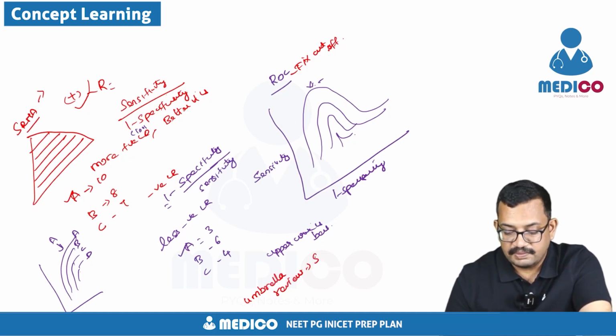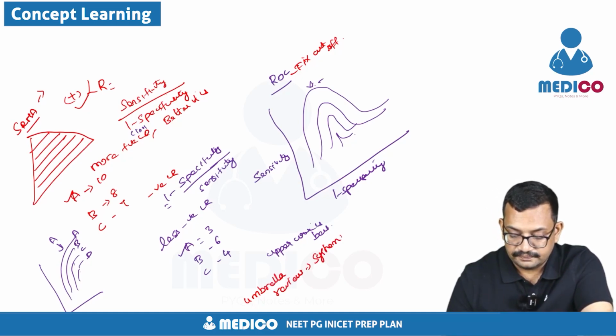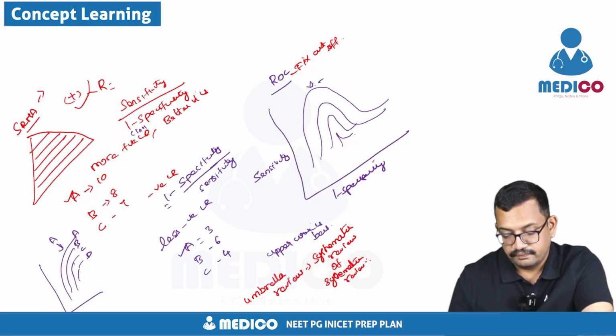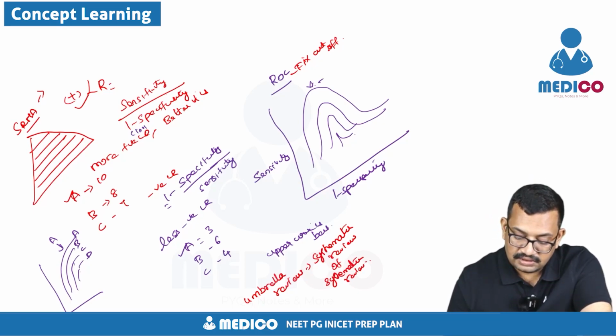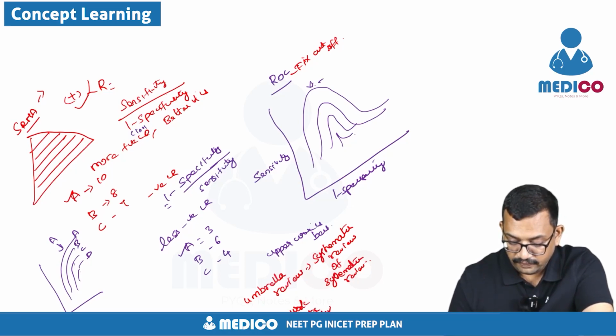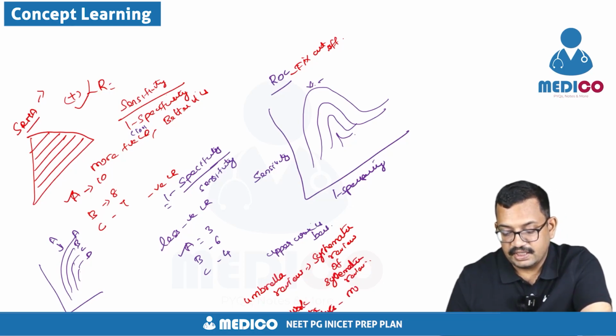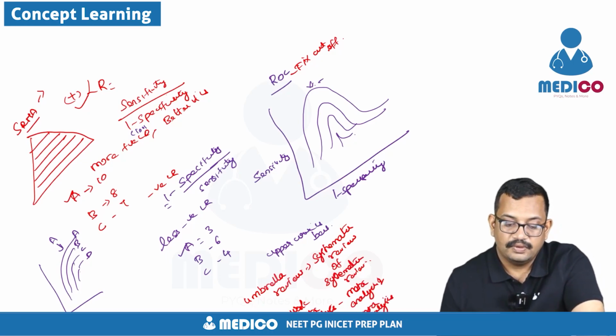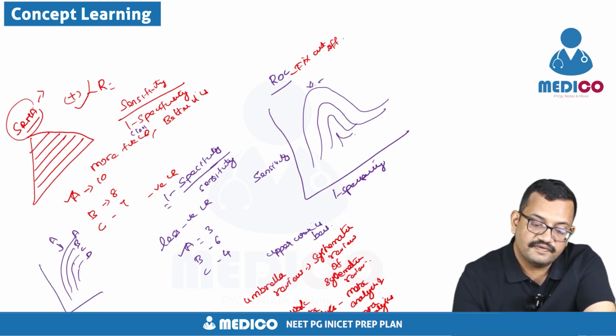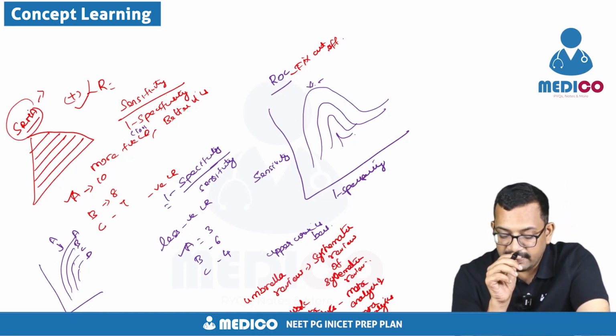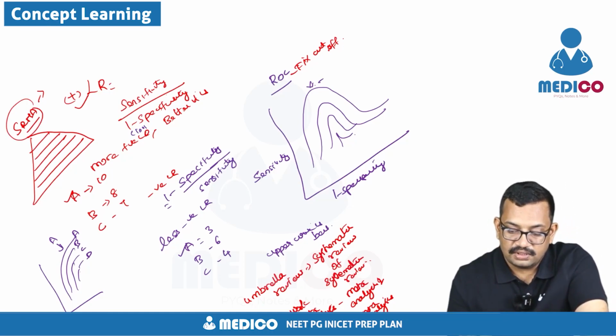Umbrella review is systematic review of systematic review. Next is network meta-analysis. These are recent updates. Last year only it has come. It is meta-analysis of meta-analysis. As of now, for the MCQ purpose, systematic meta-analysis is your exam point of view.